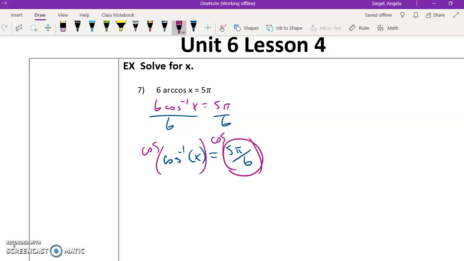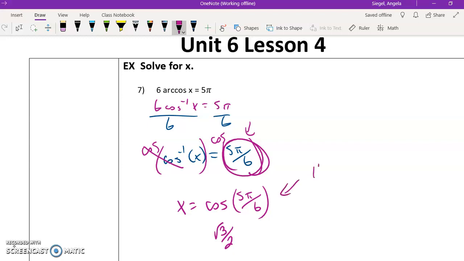And I'm already thinking, okay, I know that's some 30-degree reference angle in the unit circle. So if you have your unit circle handy, go ahead and check that. But you should see that's like 150 degrees. It's 30 degrees away from pi. So on my hand trick, or if you're using your unit circle, the cosine of 30 degrees is square root of 3 over 2, and that is in quadrant 2, so it's going to be negative.